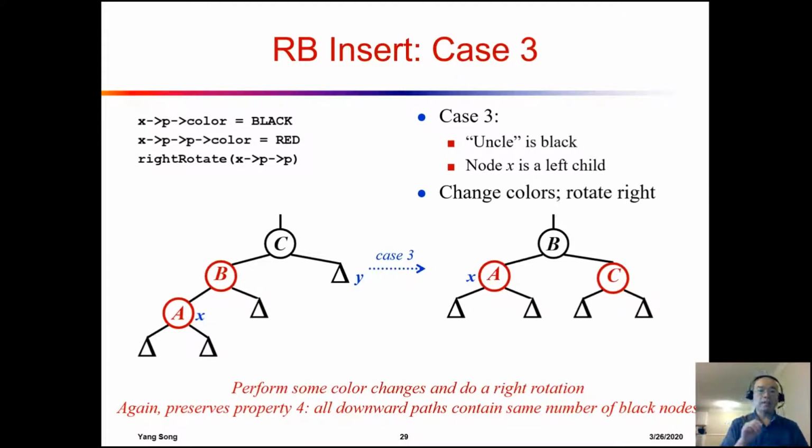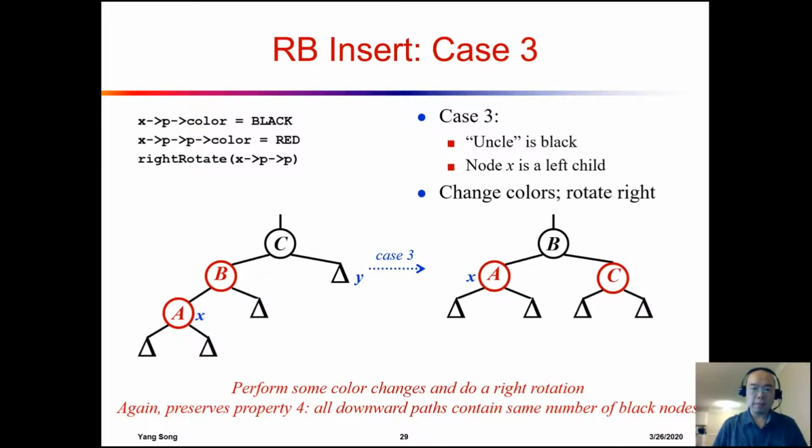In this case, we want to do a right rotation on the nodes C and B. After the right rotation, B will be the new parent, and A and C will be two children. B stays black, and A and C are both colored red. So this will solve the problem.